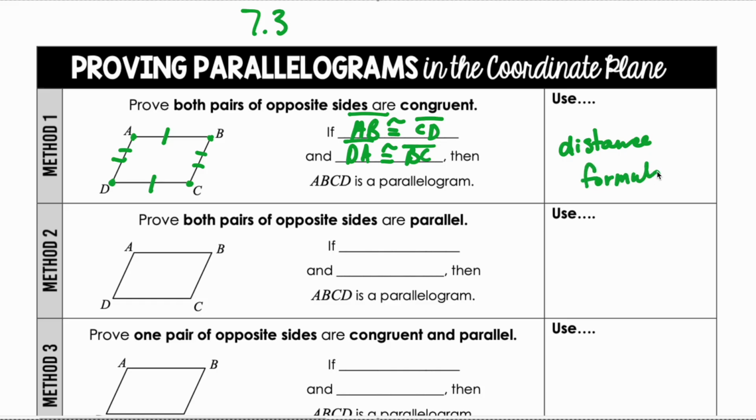Remember the distance formula: distance equals the square root of x1 minus x2 squared plus y2 minus y1 squared. If you don't have that formula memorized, I would go ahead and do that.